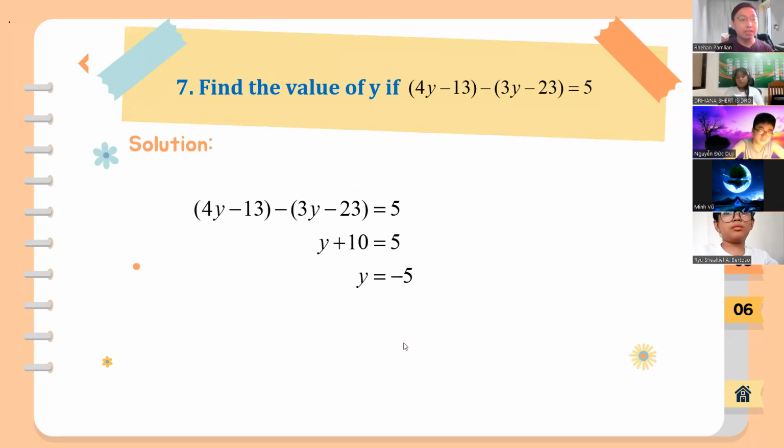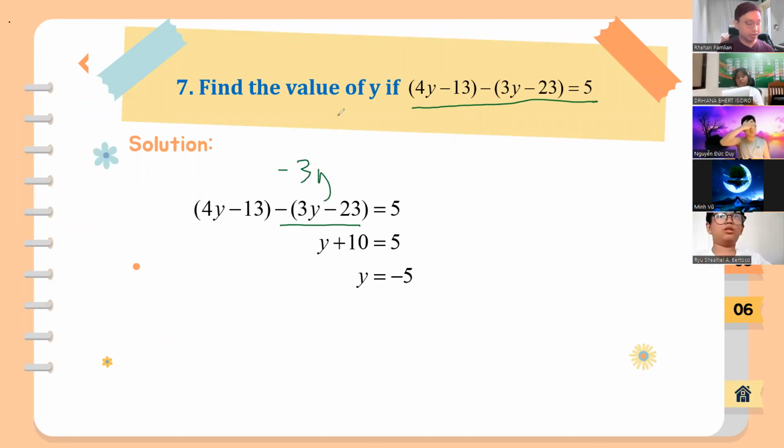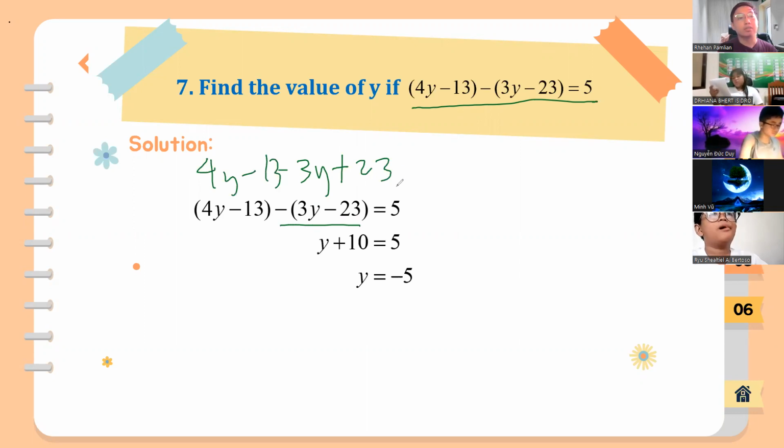So again, for number 7, you just need to do algebra. In this case, the negative sign should be performed first because you are distributing the negative sign. So when you distribute the negative sign, that becomes negative 3y plus 23. So 4y minus 13 minus 3y plus 23.